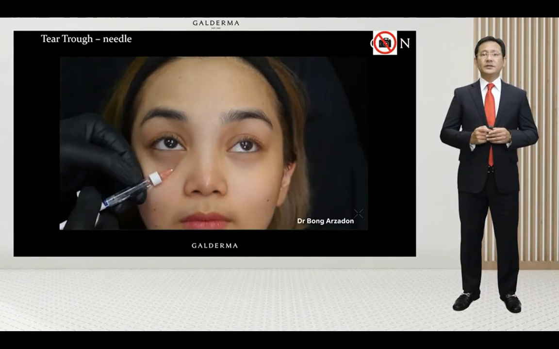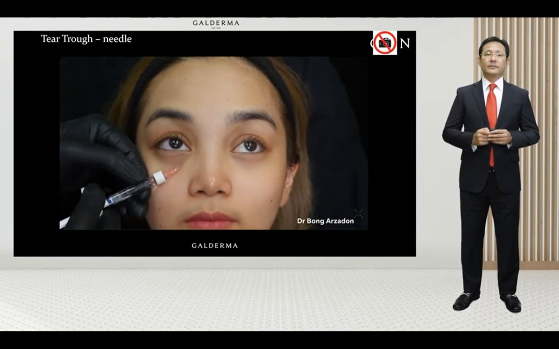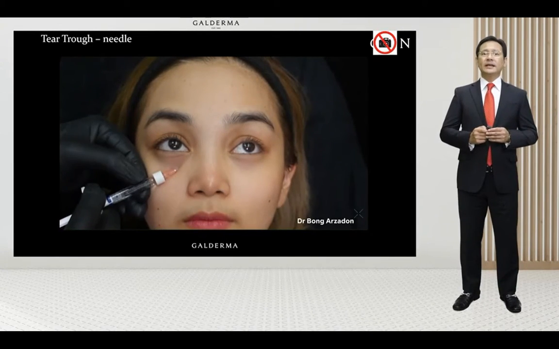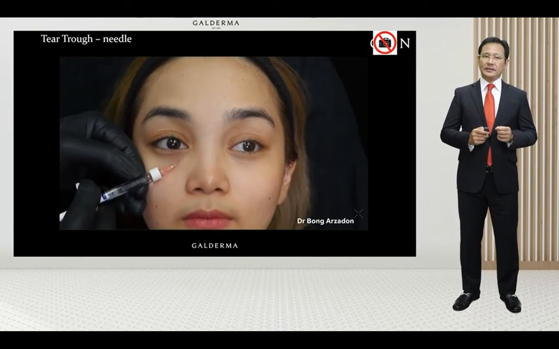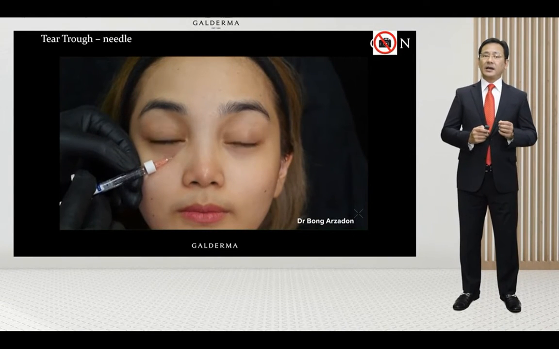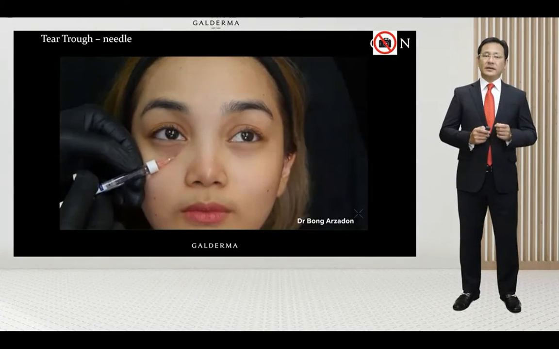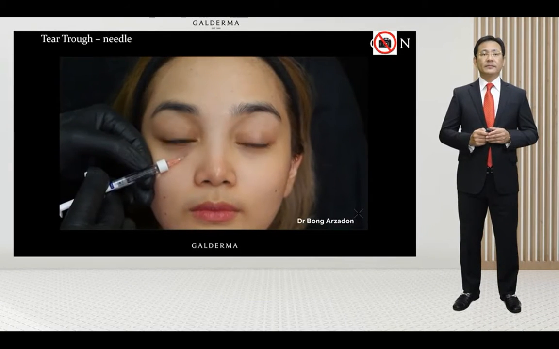I always reflux to check for vessel puncture. Then I would slowly inject small aliquots, depositing hyaluronic acid below the orbicularis oculi muscle as I withdraw. This is the best approach to avoid Tyndall effect.